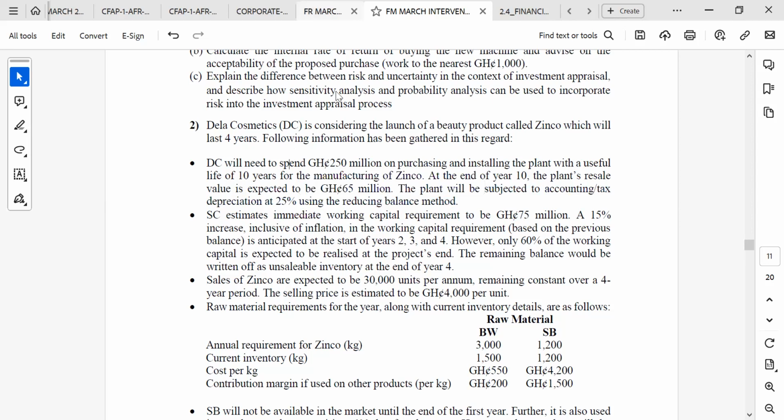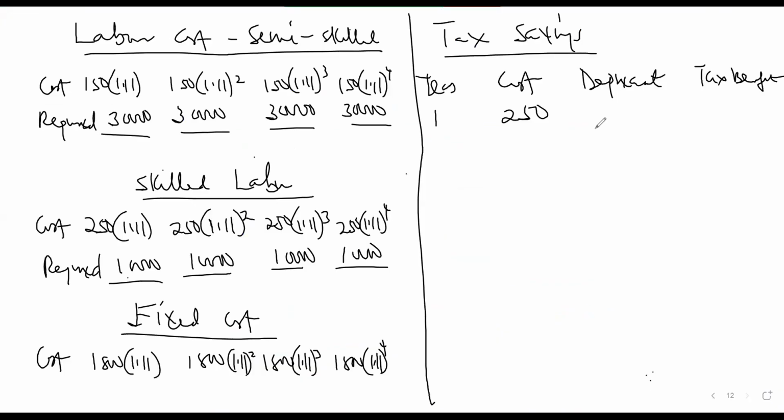Okay, let's count to this place. So 25% on 250, what are you getting? I'm getting 62.5. Okay, so what is the tax that you are paying on that particular figure? You multiply by the tax rate.